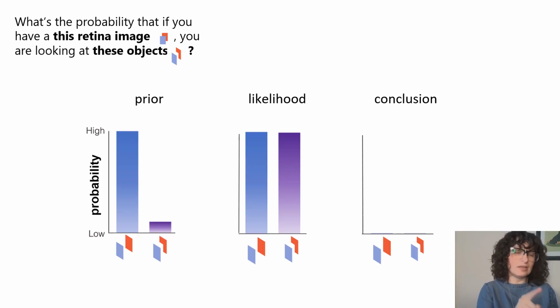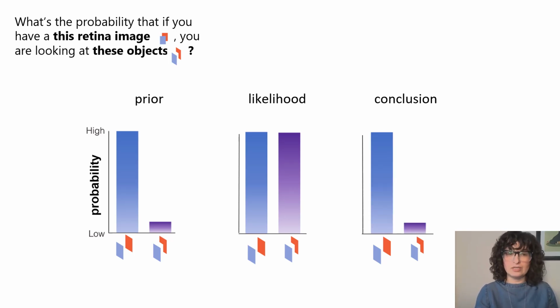Is it more likely that in the world we encounter two rectangles that are overlapping, or that we encounter these two relatively odd shapes that are just puzzle pieced directly together? So that's a low prior probability. Then when we combine these, we come to the natural conclusion that we all reached fairly quickly, which is that we're looking at two rectangles, the blue overlapping the red.